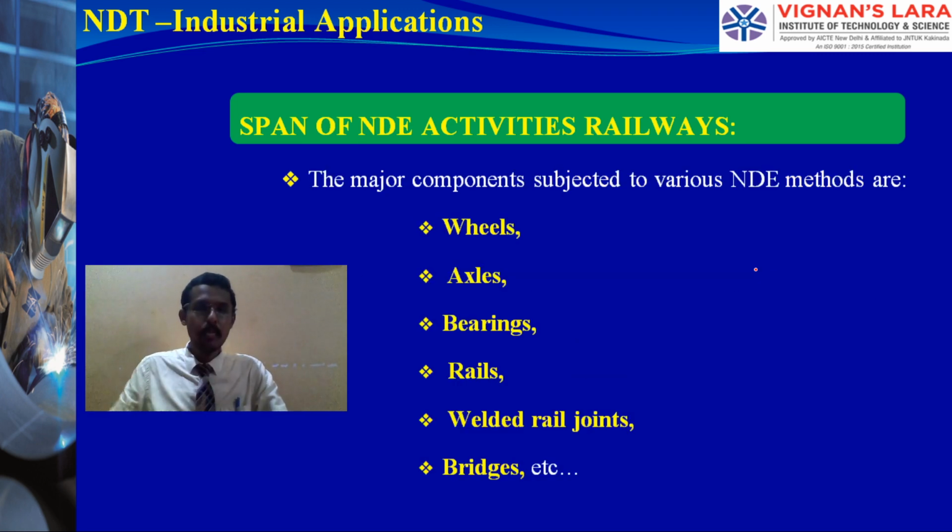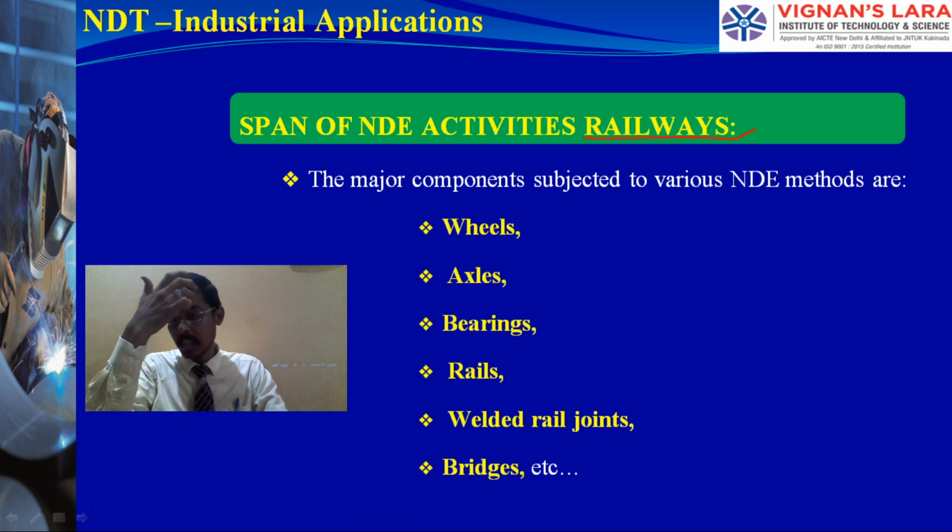The major components subjected to various NDE methods are in the railways. We are taking the railways as an example here, so we have to see some of the various applications one by one. As of now, we have taken the span of NDT activities in the railways. In railways, what NDT methods are we using and where has the inspection been done, by these 8 methods or maybe 1 or 2 methods?